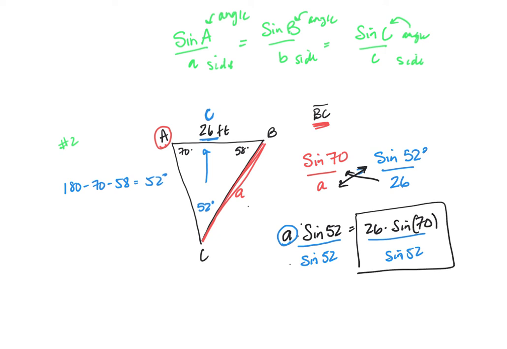Make sure you put parentheses around your angle measurements. When you plug it in, you should end up with roughly 31 feet, 31.0047, which for what we're doing is close enough to 31 feet.